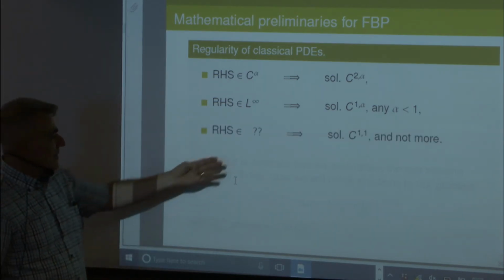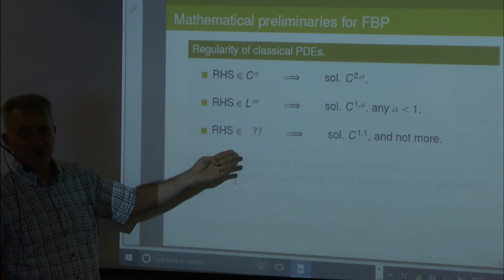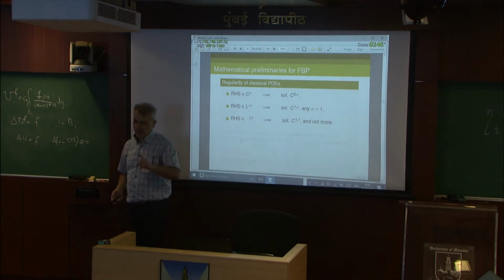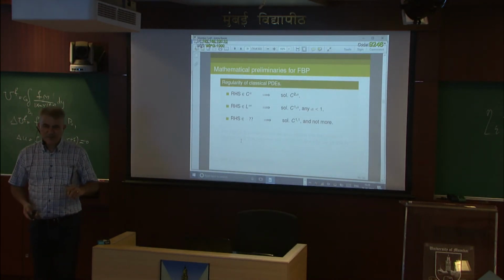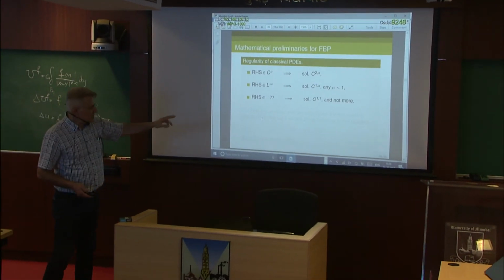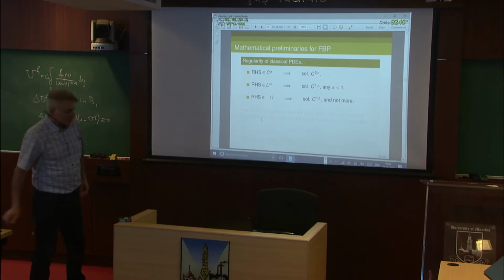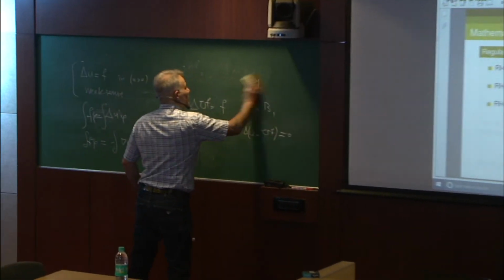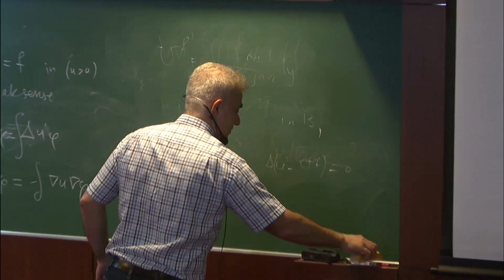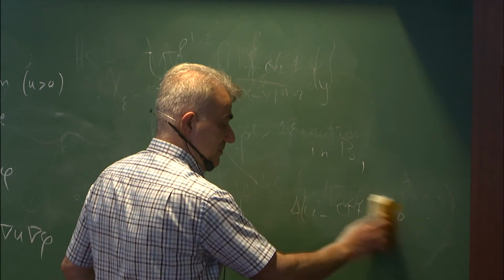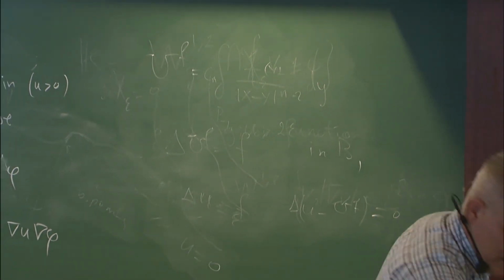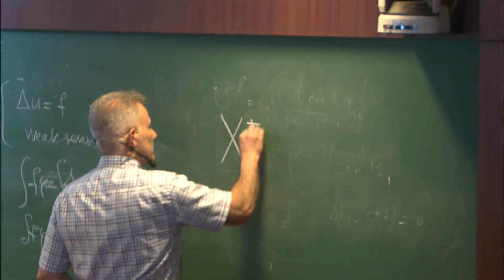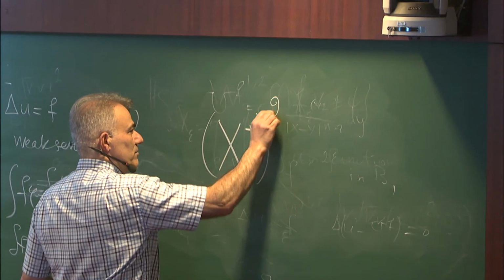So I'm asking you what to put here to get C1,1. I want to push alpha to be 1. So what am I to put on this side to make it so? Just to look at a very simple example: take the function x plus to the power 2.